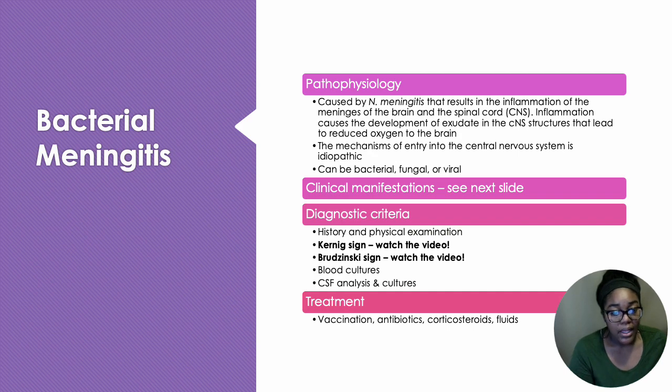As far as your blood cultures, you'll have those drawn to see what type of microorganism is causing the meningitis, because as I've stated, it can be caused by several different factors. And then you have your cerebrospinal fluid analysis and culture as well. Treatments would be vaccination for prevention, and you can use antibiotics if it's a bacterial infection, corticosteroids, and fluids.